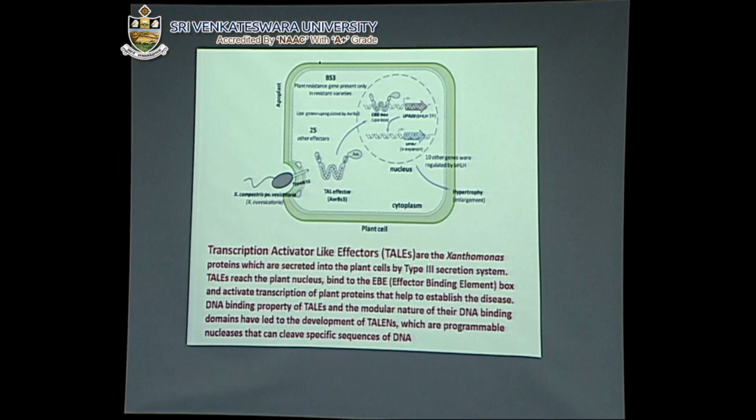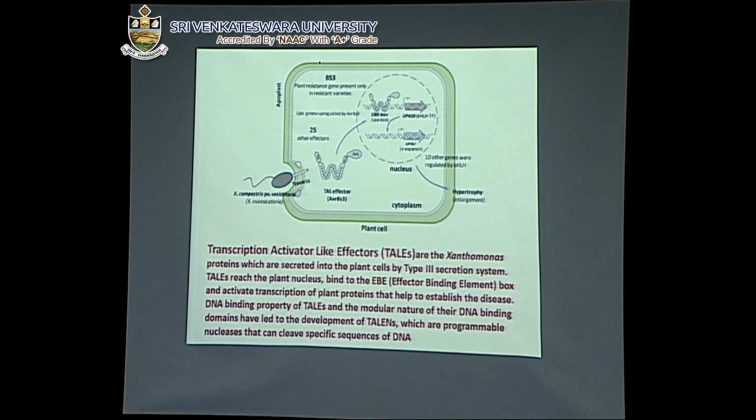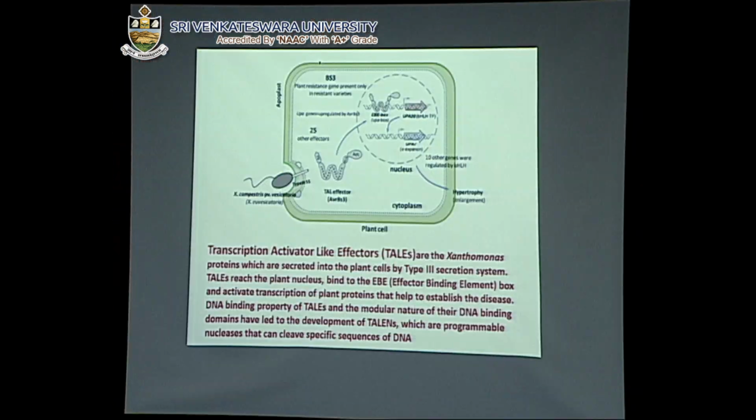Next I will tell you about the transcription activator-like effectors, in short called TALEs, which are obtained from the plant pathogenic bacteria called Xanthomonas. In this case, the TALEs are secreted from bacteria into the plant cells by using a type 3 secretion pathway. These proteins find their way to the nucleus and bind to effector binding elements of a set of genes.